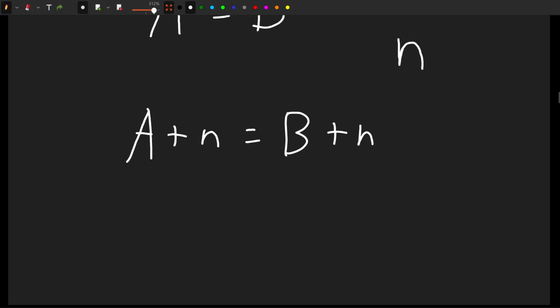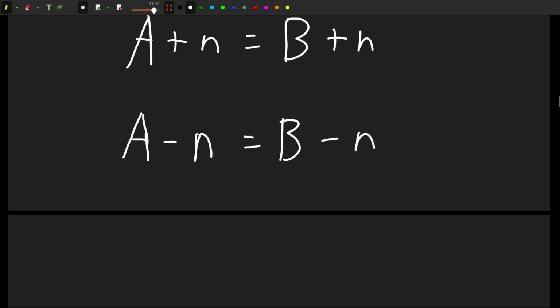Or I can do the same thing but subtract and have a minus n equal to b minus n. So it either works for addition or it works for subtraction.